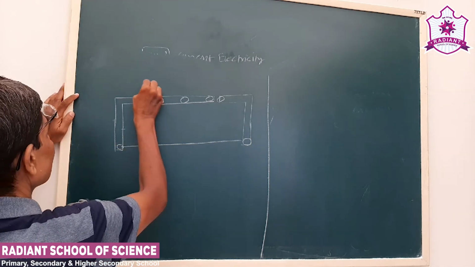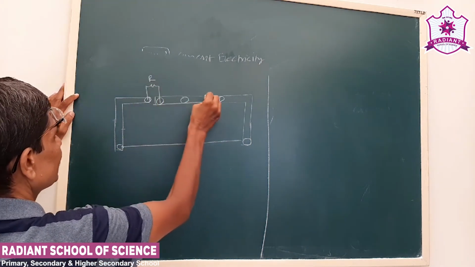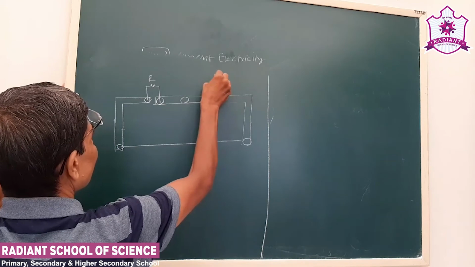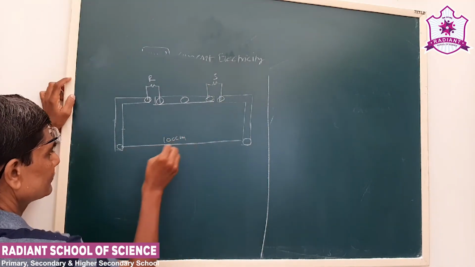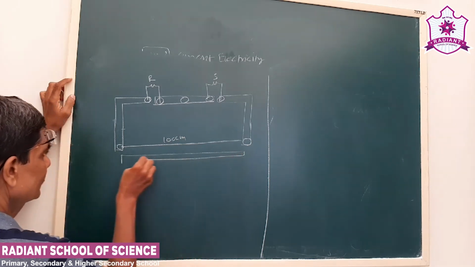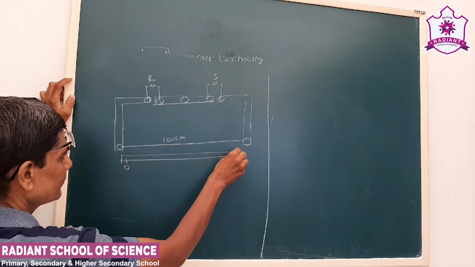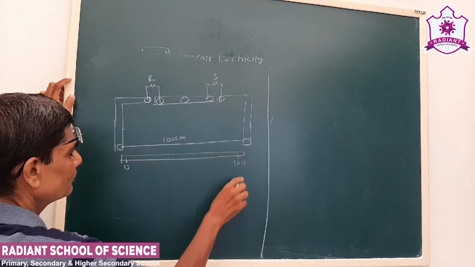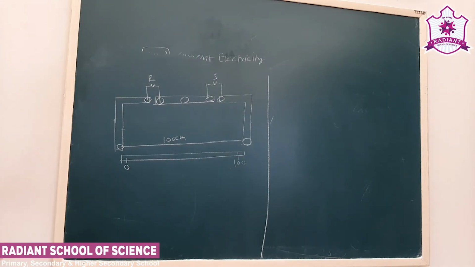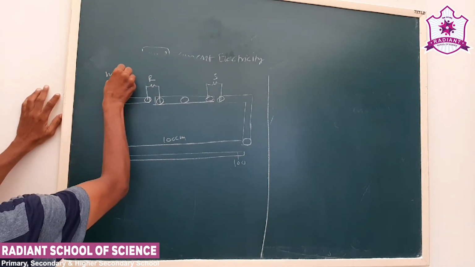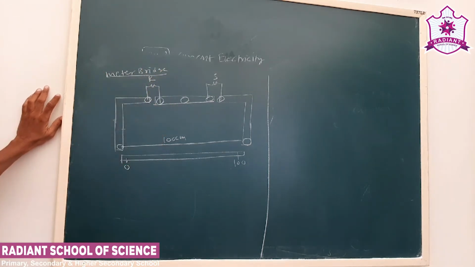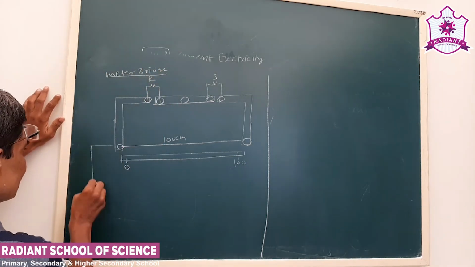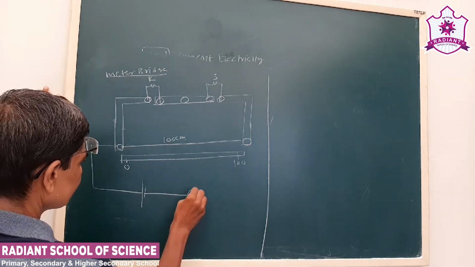In one, resistor R is connected, in the other, S. Now this is a wire of length 100 centimeter. Here we arrange a meter scale that shows from 0 to 100. That's why the name is meter bridge. The device is connected with a battery and a key like this.